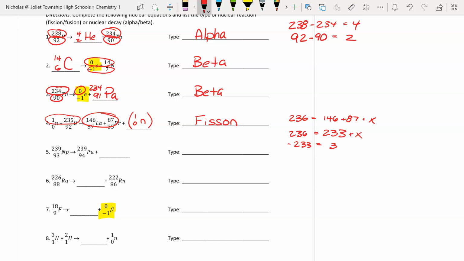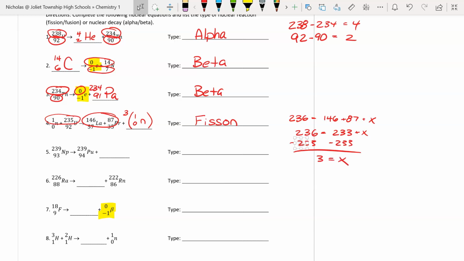Now, to get 3, I'm going to put a 3 in front of this, because that 3 distributes to the 1, and the 3 also distributes to the 0, but we're more concerned about the mass number balancing. So let me just kind of throw this into my equation here. So when I subtract 233 from both sides, this gives me 3 equals x.